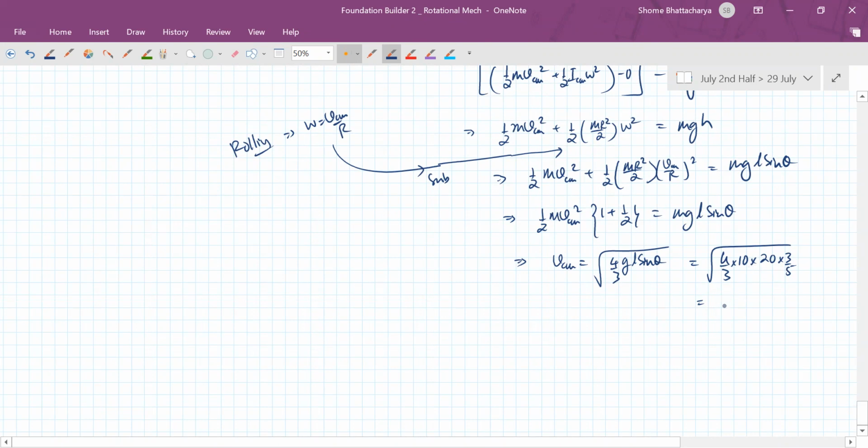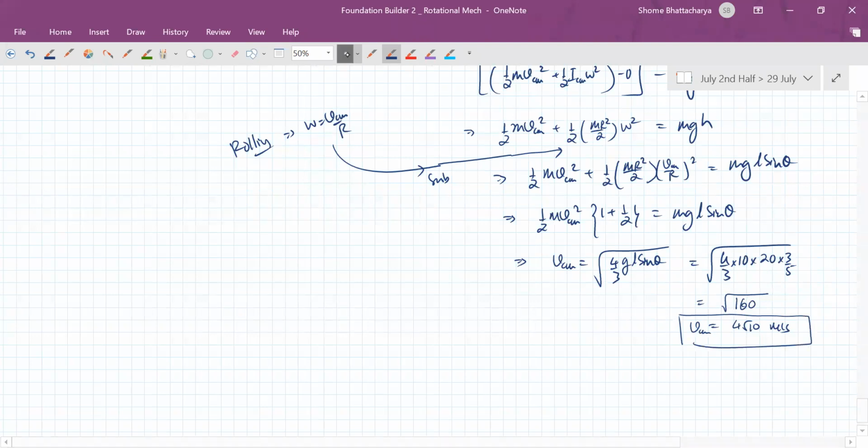So it becomes, three cancels out, 5 goes 2 times, so it becomes square root of 160. The same value that we got here.